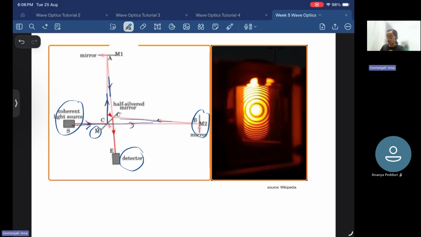When these two beams meet at the beam splitter, they interfere and we see the interference pattern at the detector position.